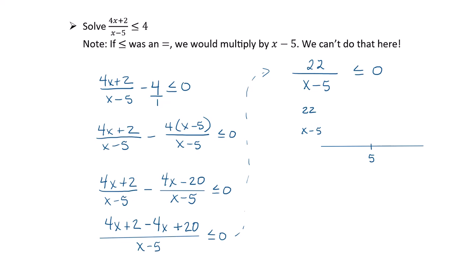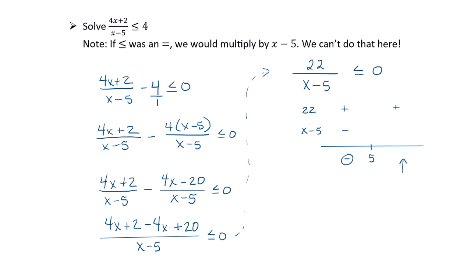Of course, 22 is always positive no matter what interval we're in. But let's say that we test a 0 over here. 0 minus 5 is negative. And a positive divided by a negative is negative.